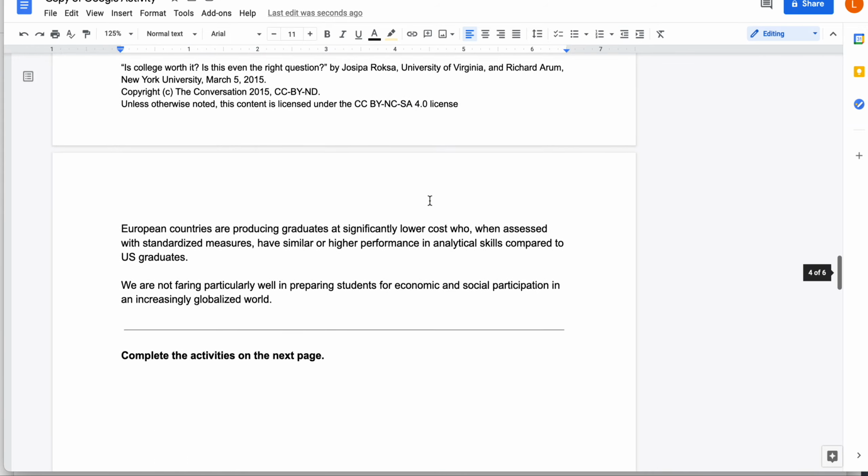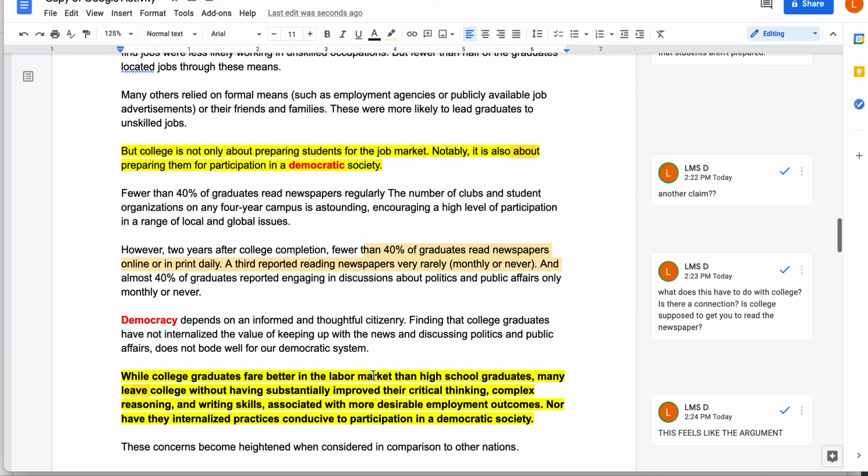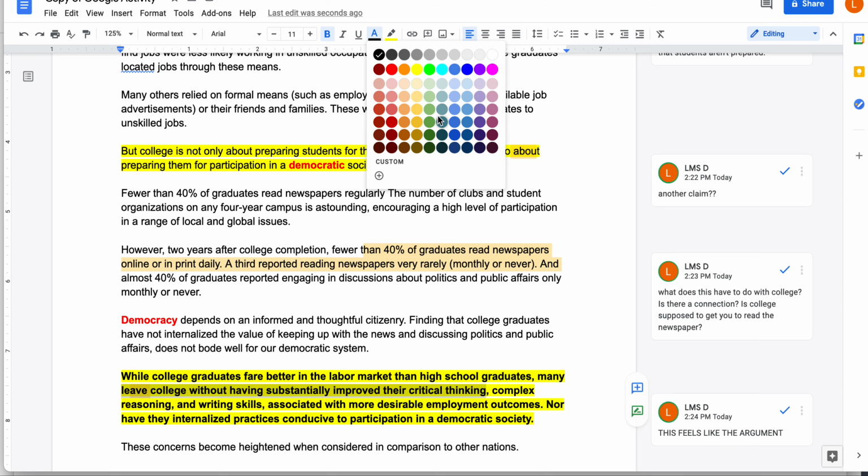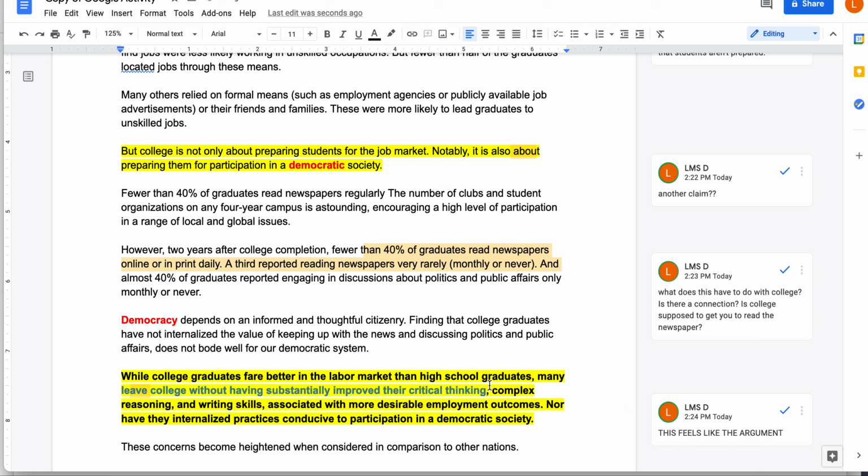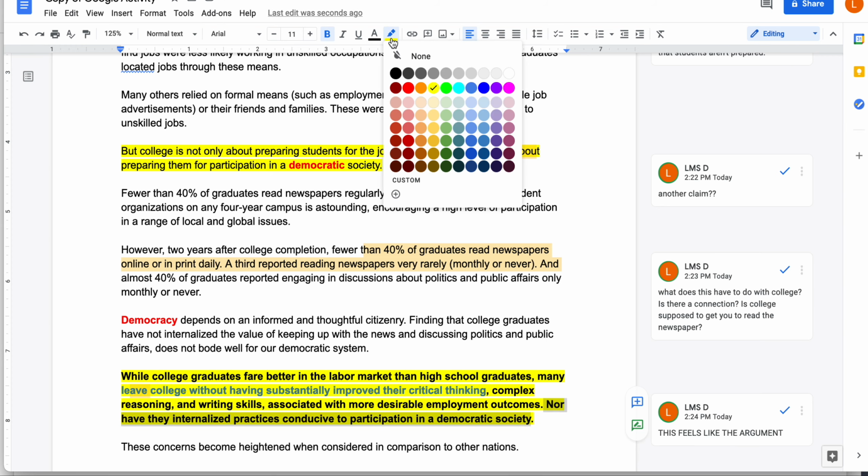But if I'm now thinking that this is my main argument, then we have different points: that they leave college without critical thinking skills. So I'm just going to turn this into some different colors so I can read it. And they have not internalized practices with a democratic society, right? So there's two parts.